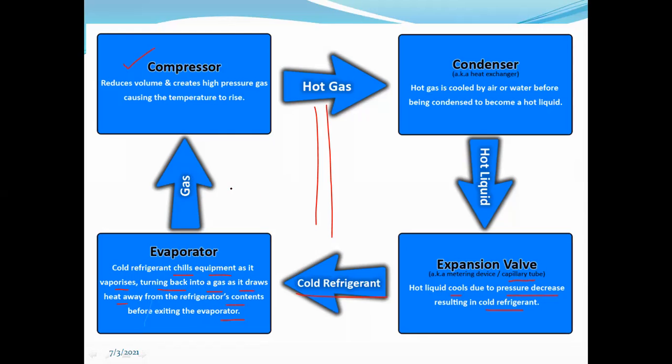So here at the outlet of the evaporator we obtain gas, which is opposite to the earlier step, that is hot liquid. And again this gas is taken inside the compressor, which reduces volume and creates high pressure gas, causing the temperature to rise.